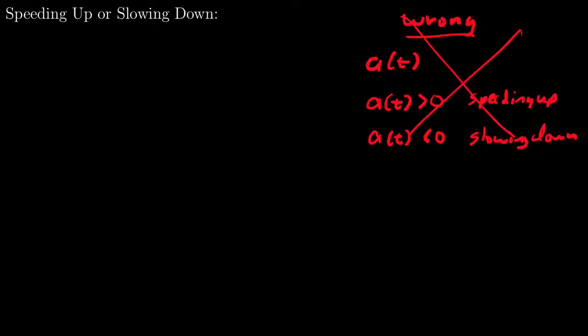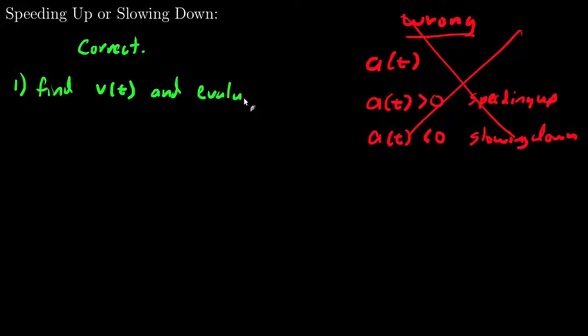Here's the reason. If a of t is bigger than 0, that means the velocity is increasing. If a of t is less than 0, that means the velocity is decreasing. But speed and velocity are not the same thing. So here's the correct way to do it. So first, you would find v of t and evaluate at the given t value.